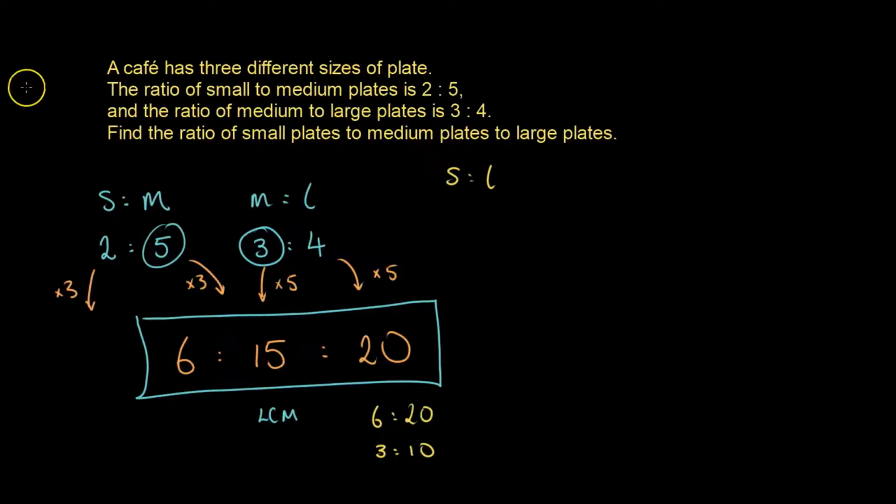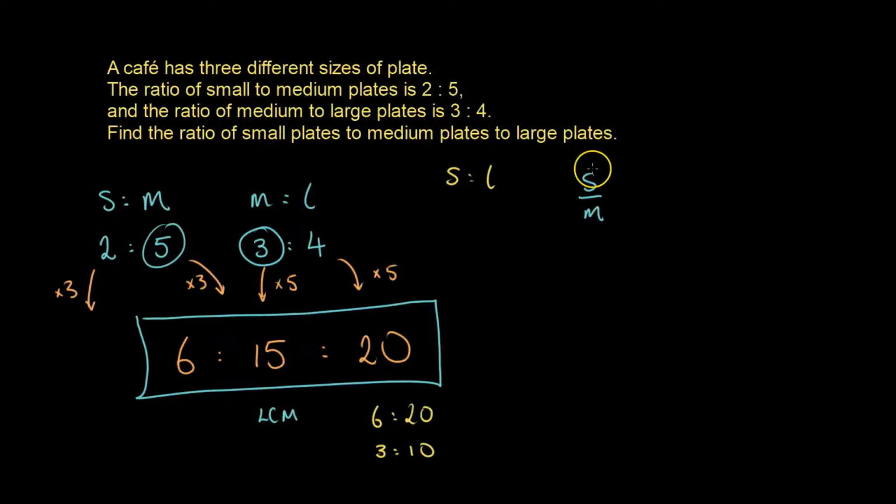But there's another method to do this, and this method involves us being very happy converting between ratios and fractions and what they both mean. So originally I had small to medium equaling 2 to 5. Another way to write that is small plates divided by medium plates.